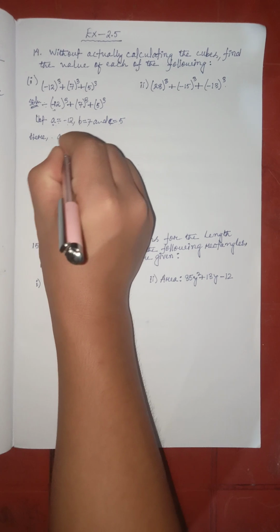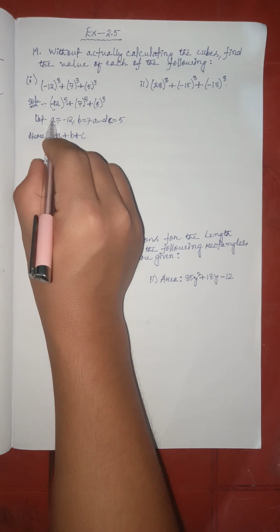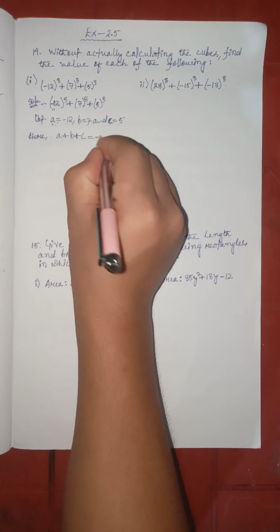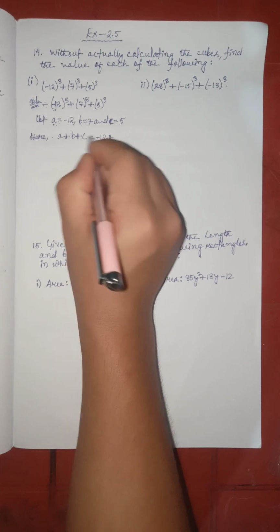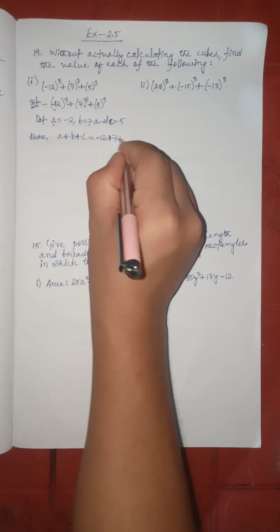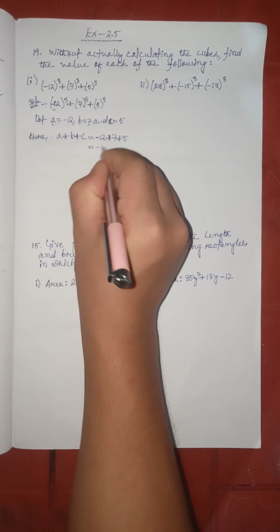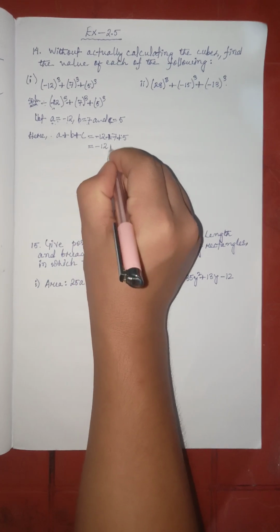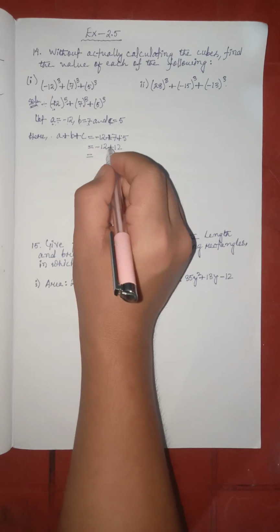First let us write a plus b plus c. The value of a is minus 12, plus the value of b, which is 7, plus the value of c, which is 5. Now minus 12, and if you add these two, you get 12.